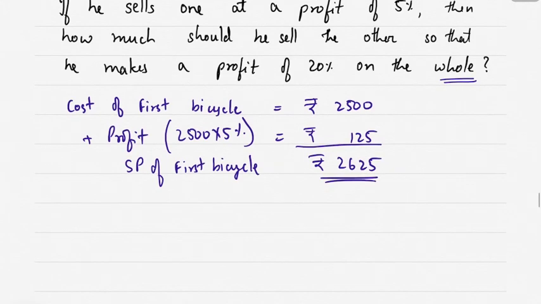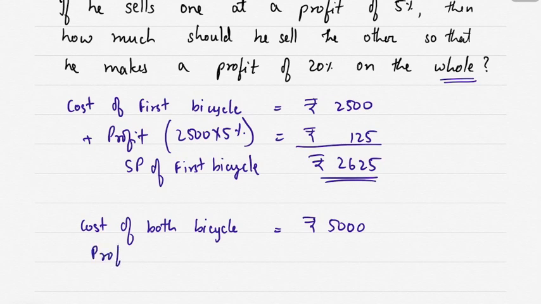Okay, that means I'll write like this: cost of both bicycles is equal to rupees 5,000, because 2,500 plus 2,500 is 5,000, 2 bicycles, correct, and he needs 20% profit.